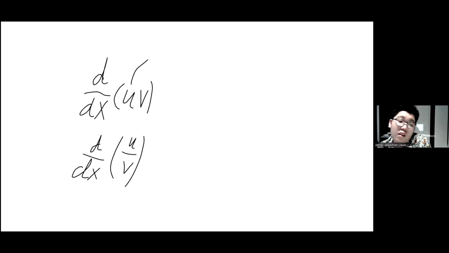So in other words, this has to be a function of x with a power that is not 0. Same thing for this. Okay.